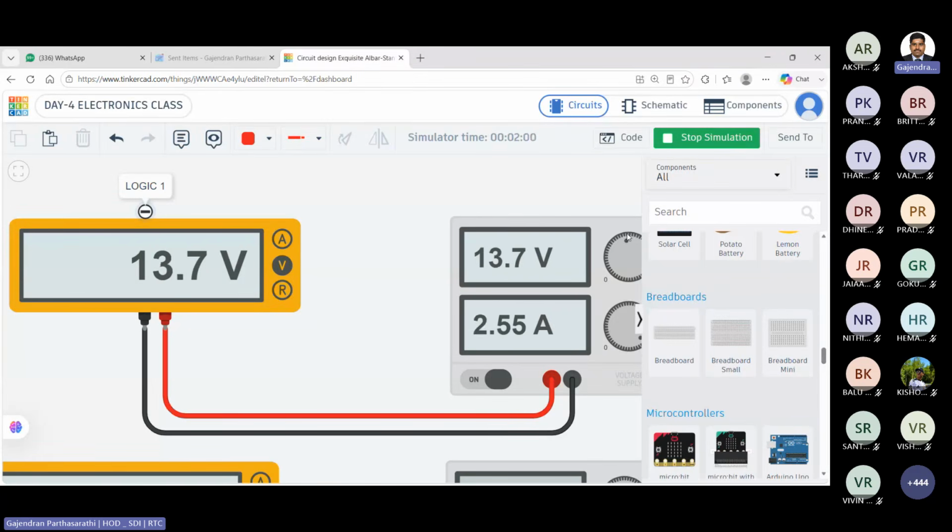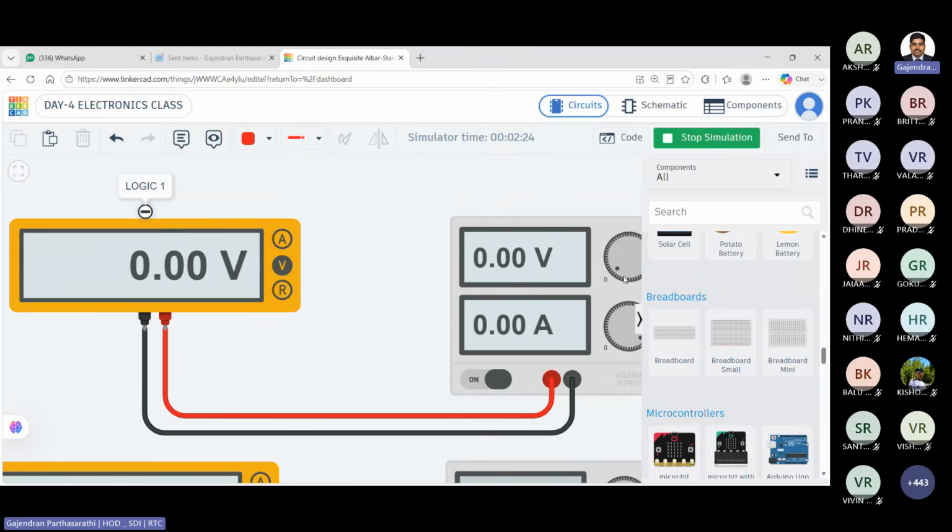I'm adjusting the voltage, correct? Whether it is digital or analog, that is the story. This is analog. This is not digital.